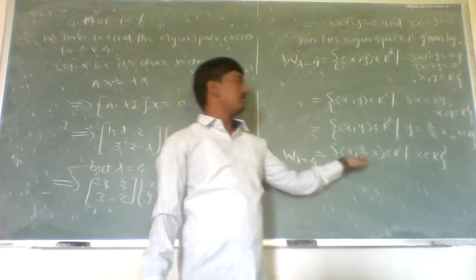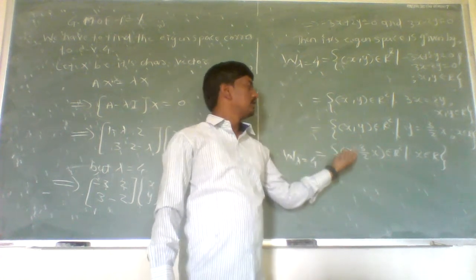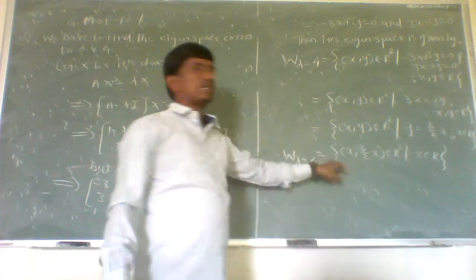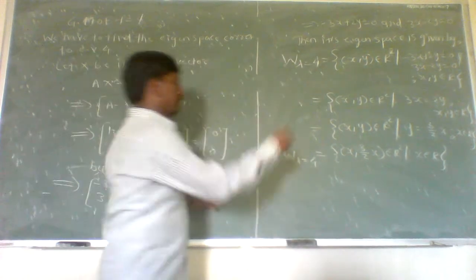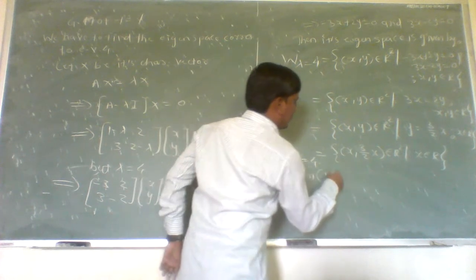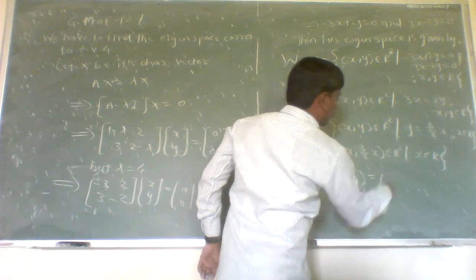Again, there is only one linearly independent eigenvector belonging to this eigenspace. Then its dimension is again 1, which implies the dimension of the eigenspace corresponding to eigenvalue 4 is equal to 1.